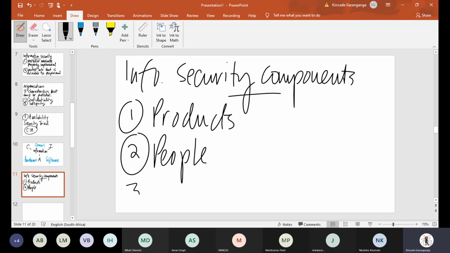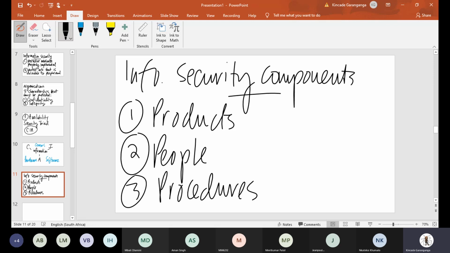And then the third thing you want to discuss is the procedures. These are the plans and policies that we mentioned superficially when we were looking at the different learning units: the plans and policies established by an organization to ensure that people correctly use products in your specific setups.